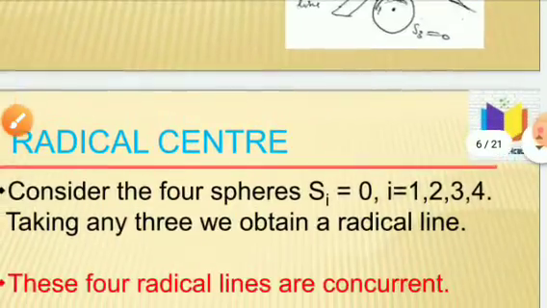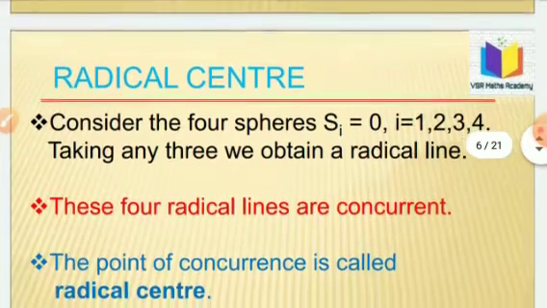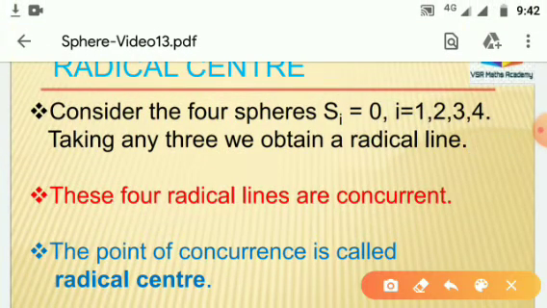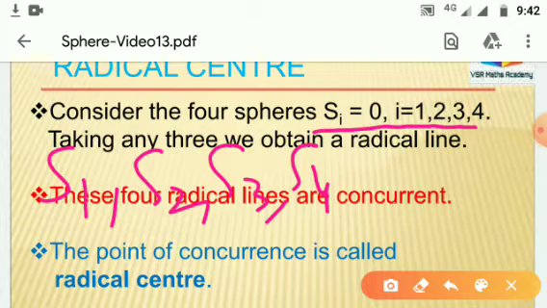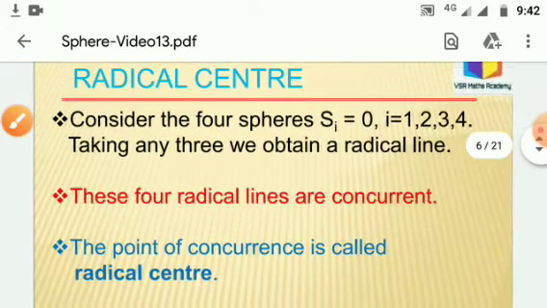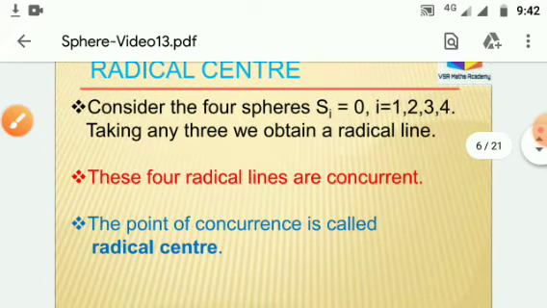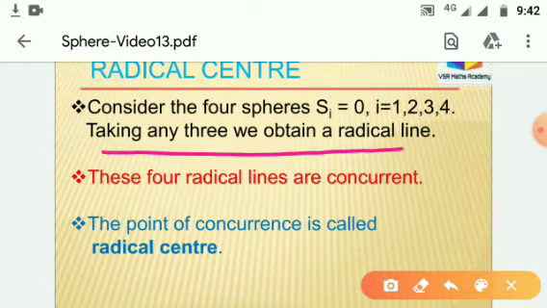Now see the radical center. In this case we take four spheres: S1, S2, S3 and S4. Taking any three, we can obtain a radical line. If you take S1, S2, S3, you will have a radical line.